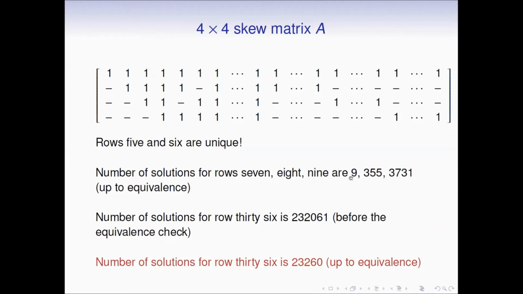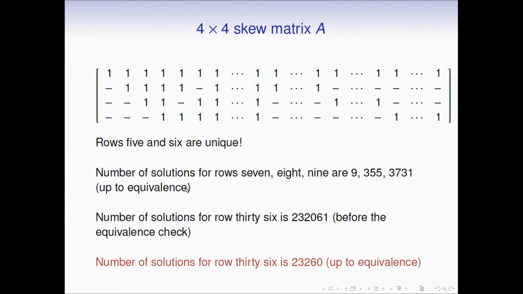We find 9 solutions for the 7th row. Also, so many for row 8 and row 9. And these solutions are up to equivalence. We do permutations on rows and columns and relations of rows and columns as much as possible to find the solutions up to equivalence.